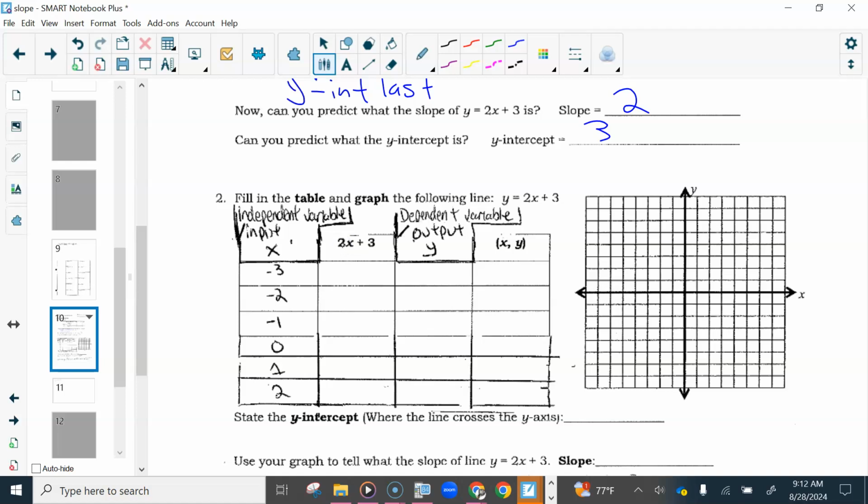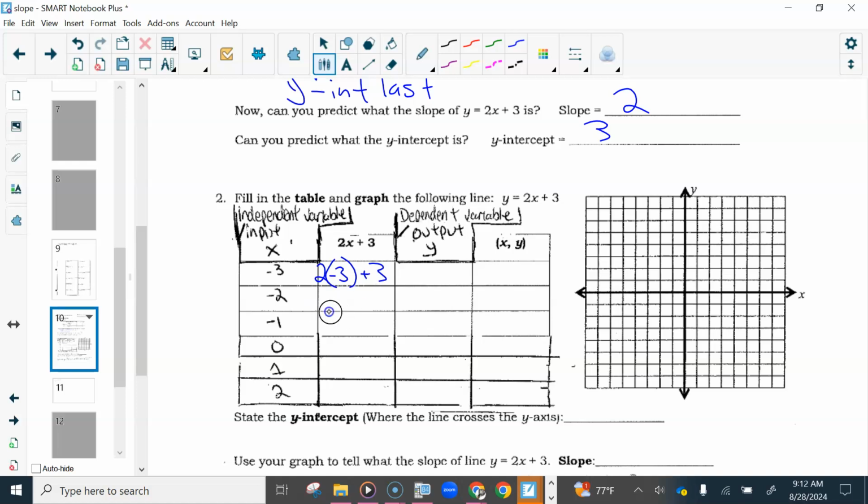We're going to put these values in for x, input them into x. And we want to get away from using the dots, the x's for multiplication, and use parentheses instead. So I'm going to write this as 2 parentheses negative 3 plus 3. And then we want to figure out what that is to get the output, or the y value, that dependent variable.